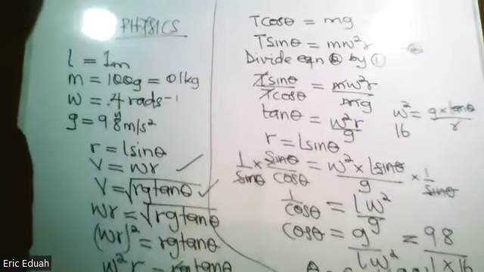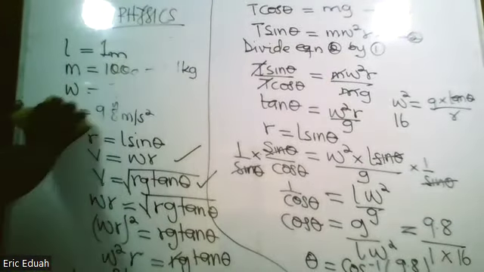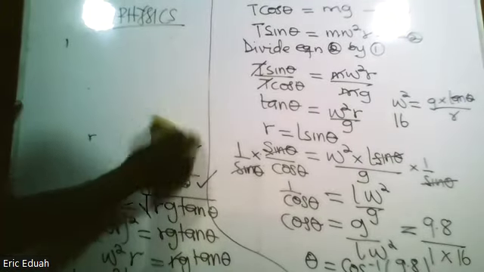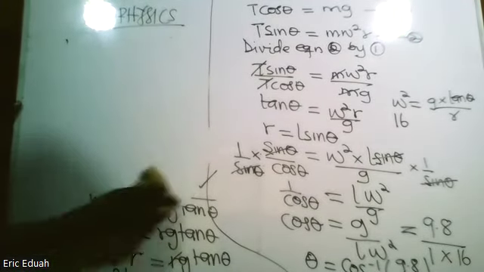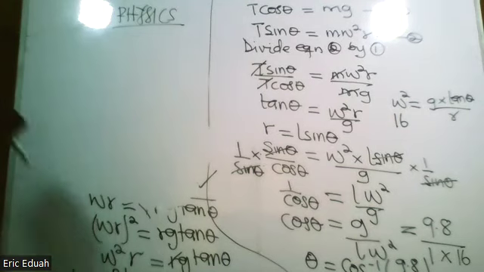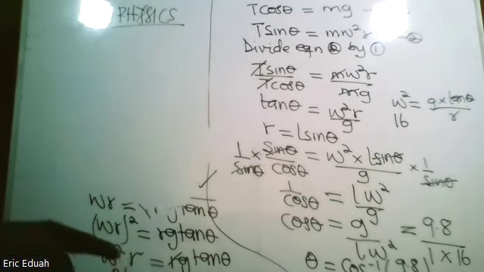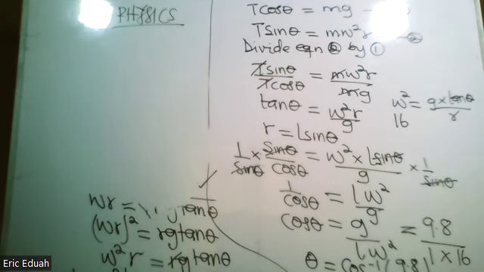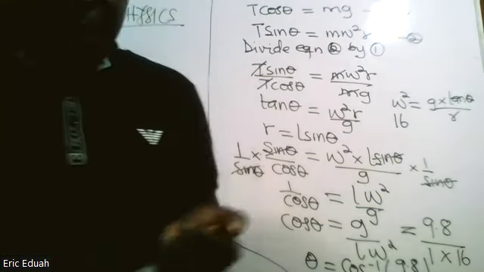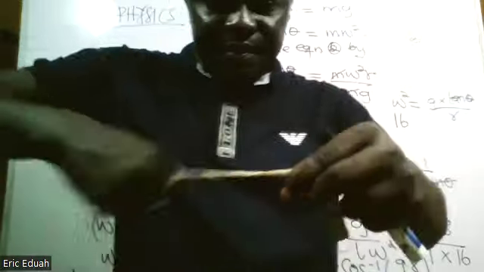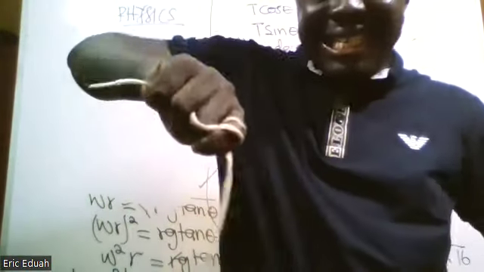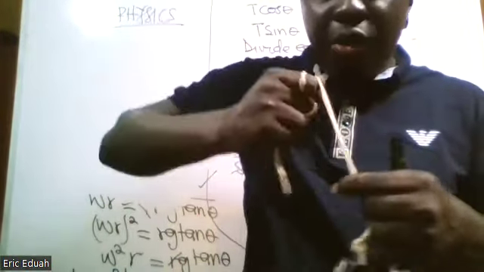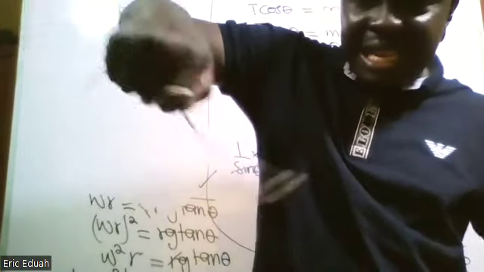For conical pendulum, R is not equal to L. It is when the object revolves, when the angle the string makes with the horizontal is 0. So I demonstrated this last time. If I have this object, flat circling or revolution is this.